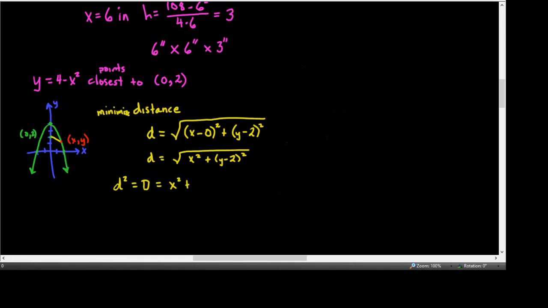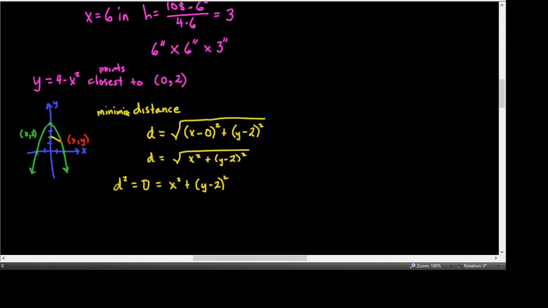Well, since the square root function is an increasing function, if I have the smallest radicand, the smallest thing that goes into that radical, then that's going to make the radical the smallest it can be.